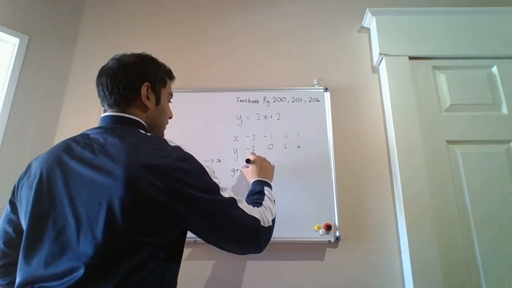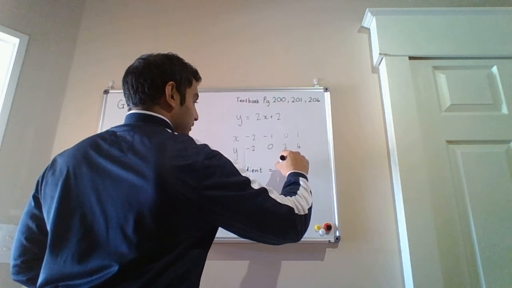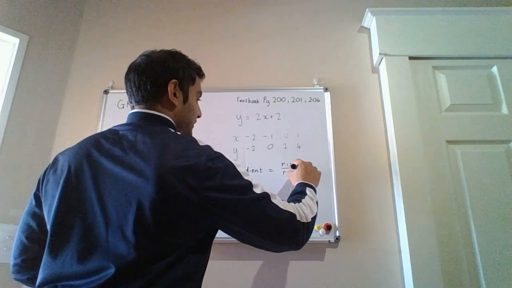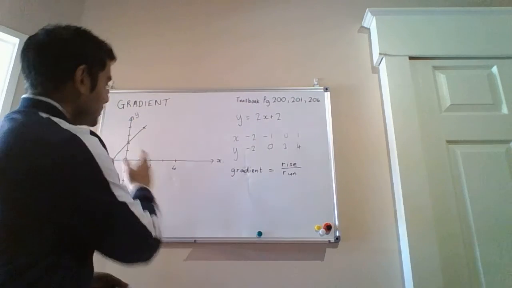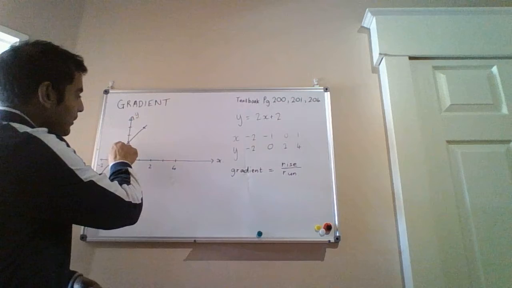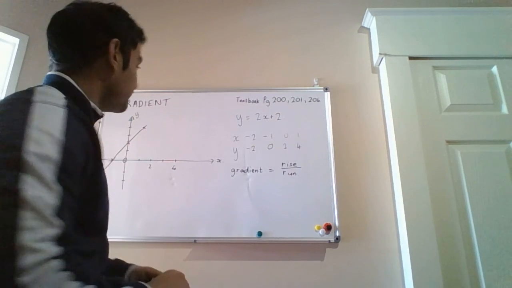Gradient equals rise over run. That just tells us how much the graph increases, its rise, for how much it's moved horizontally, its run.